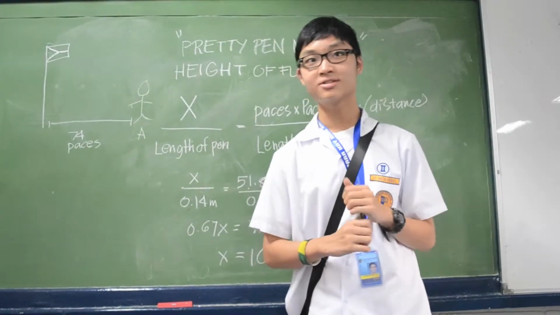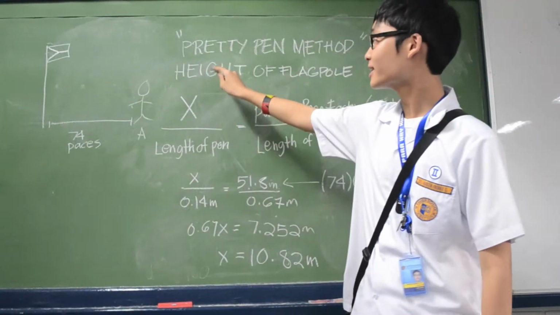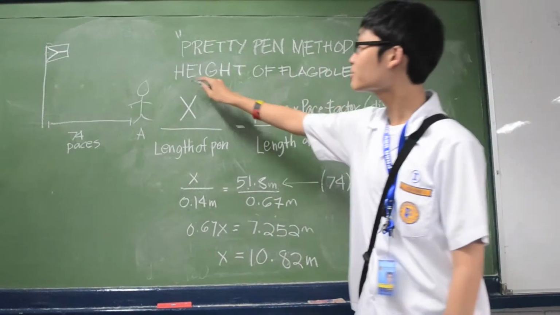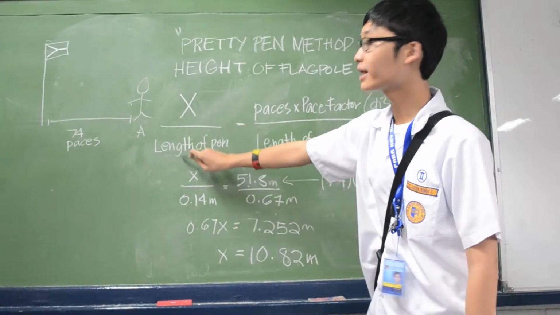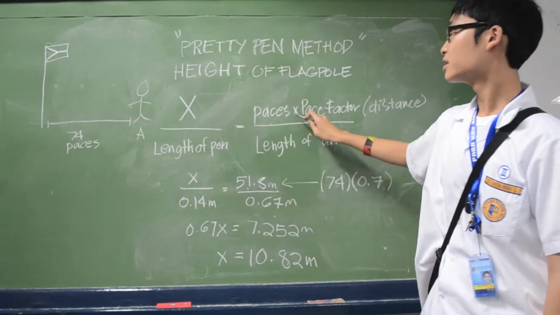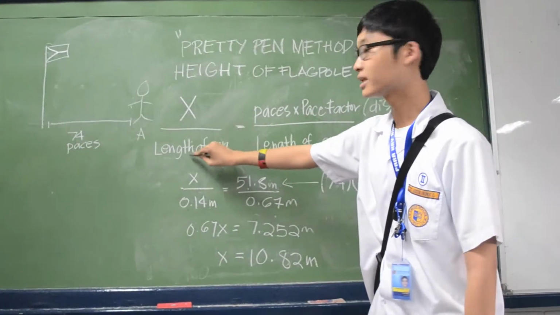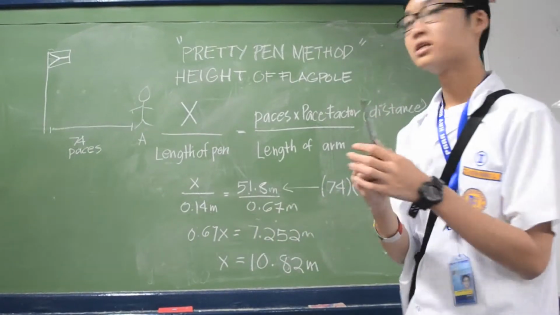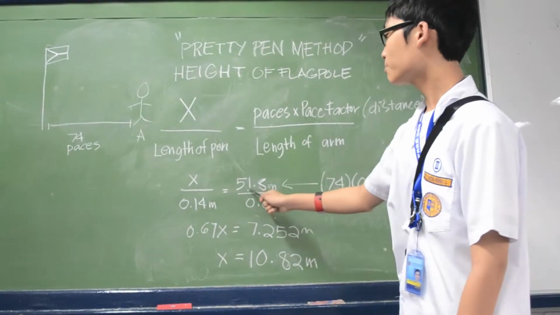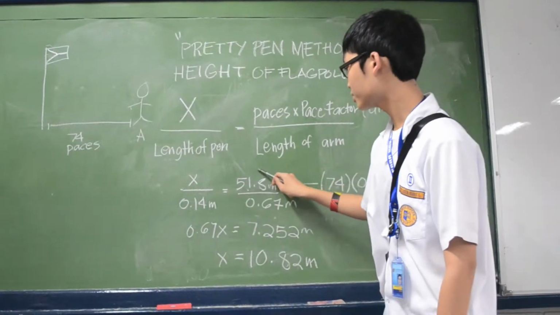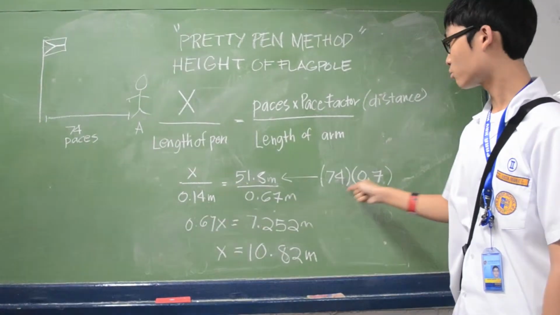Okay, so today I shall talk to you about the pretty pen method. Using the pretty pen method, we shall determine the height of the flagpole. But first, let us represent the height of the flagpole as x. So the pretty pen method is basically x over length of pen equals paces times pace factor over length of arm. Let us represent the length of pen as 0.14 meters. The paces times pace factor is 51.8 meters, because we had 74 paces and our pace factor was 0.7.